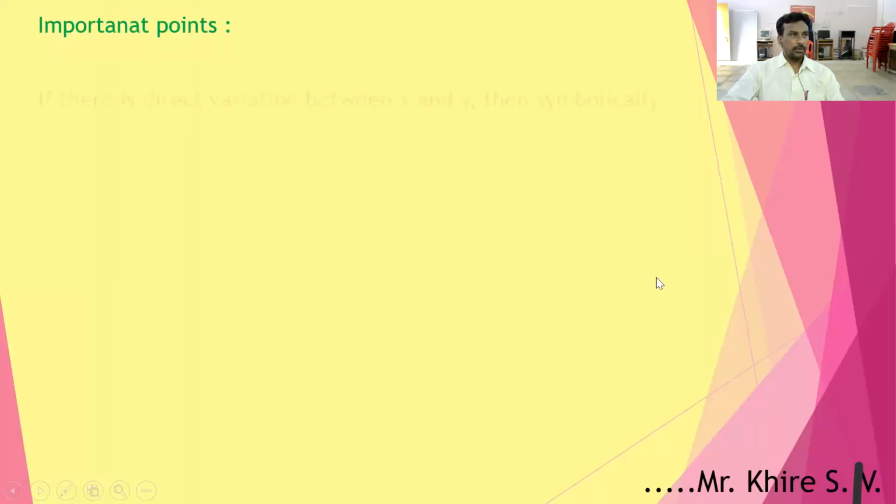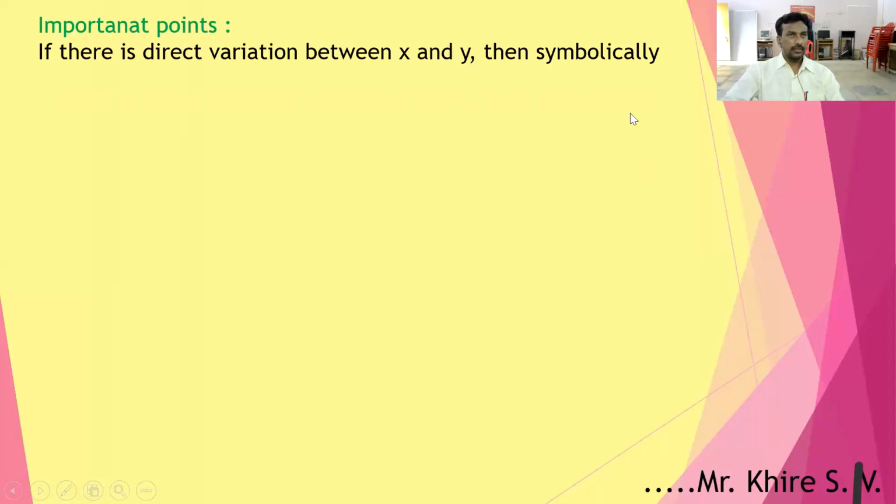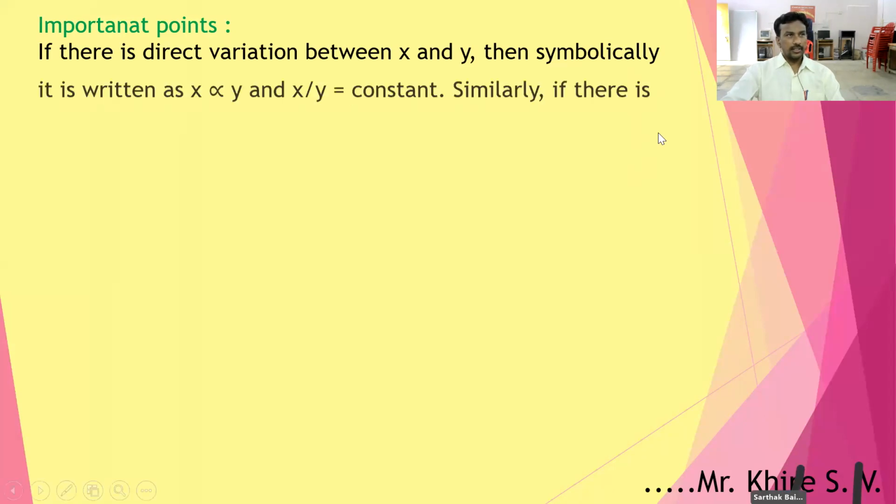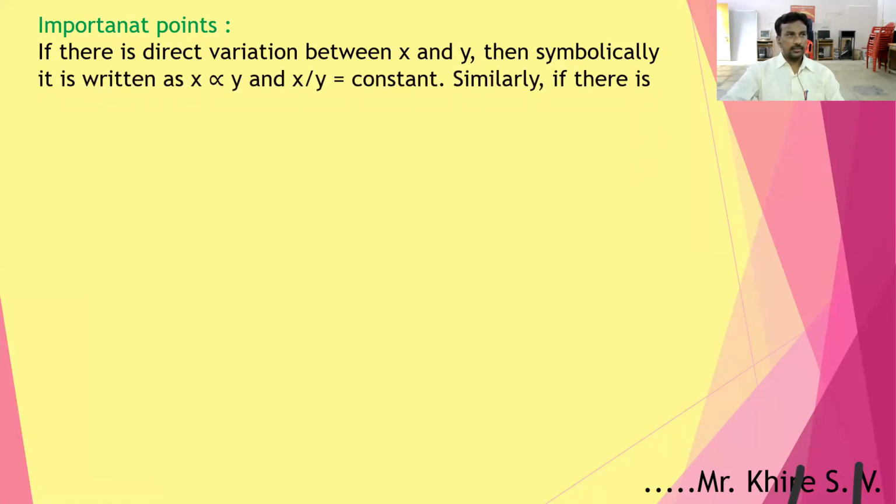Now we will see some important points in these two types of variations. If there is direct variation between x and y, then symbolically it is written as x is directly proportional to y, and x upon y is equal to constant.